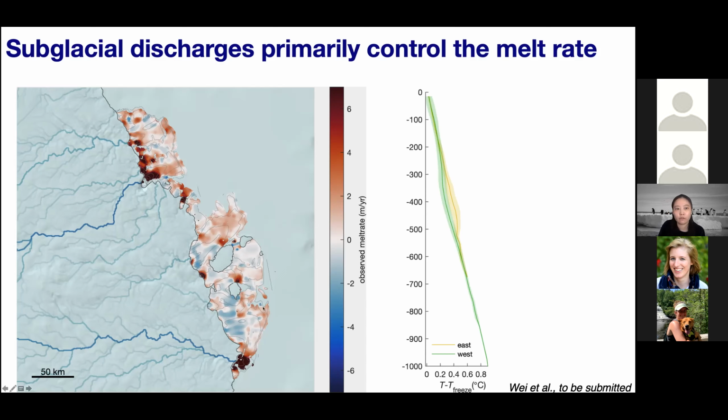Duncan mentioned that this might be something you'd be interested to investigate because the ice seems to be warmer in this region. That's really cool.